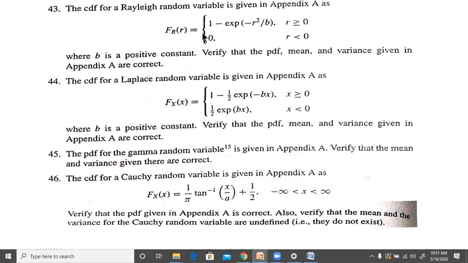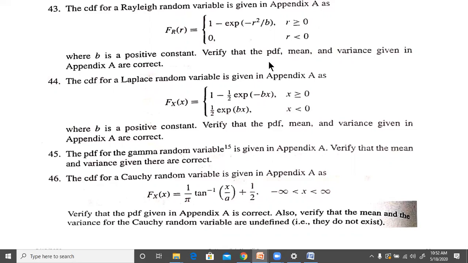Given the CDF, we need to verify the PDF, mean and variance given. So you need to find the PDF. PDF is the differential of this. Once we find the PDF, you can find the mean and the variance.